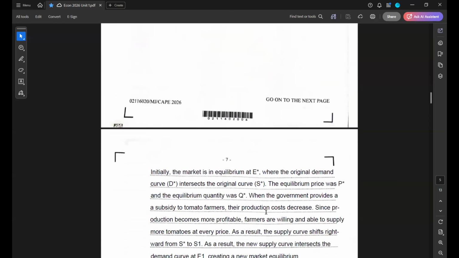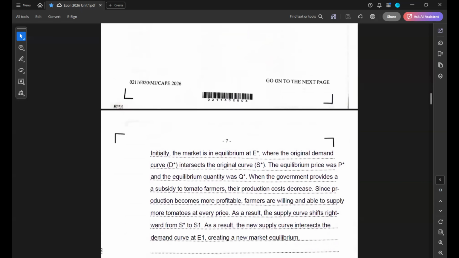Now let's see the explanation, right? So initially the market is in equilibrium at E star, where the original demand curve D star intersects the original supply curve S star. The equilibrium price was P star and the equilibrium quantity was Q star. When the government provides a subsidy to tomato farmers, their production costs decrease.